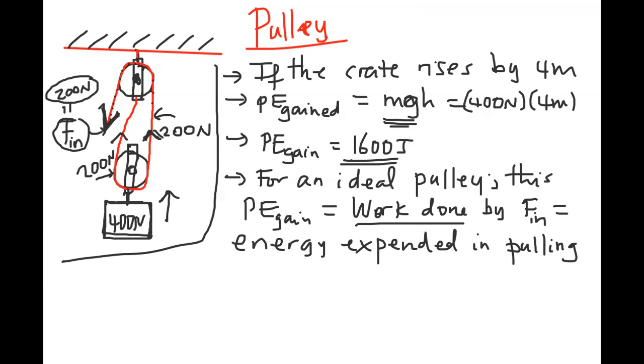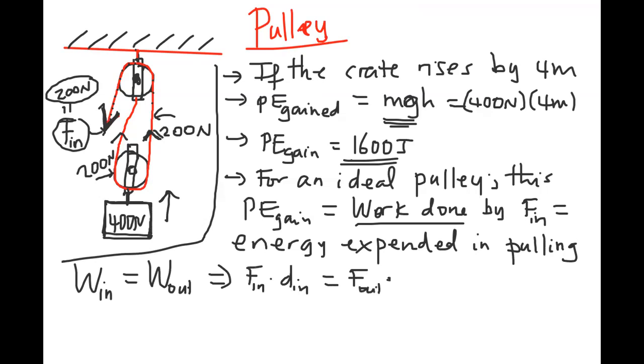So here we see that again, we can do the same thing here. The work input will be equal to the work output. Or we can write this as the force input times distance input is equal to force output times distance output. All right, that's what we see there. And therefore, we can find the distance input. In other words, I would like to know if the box rises 4 meters here, how long can I pull the rope?